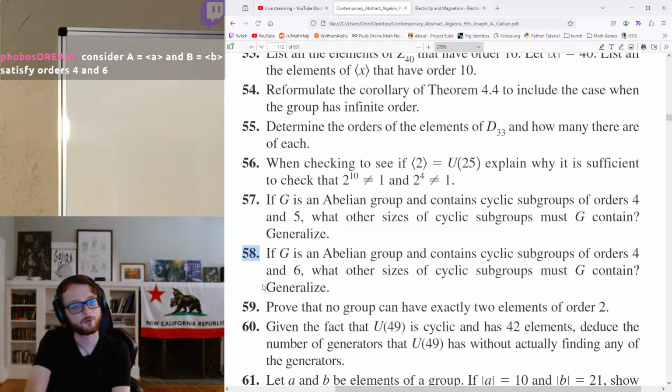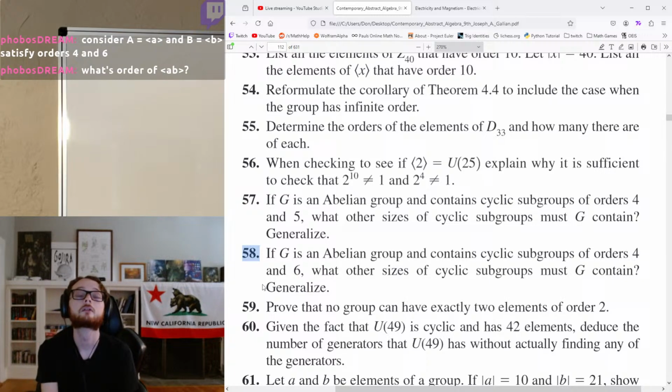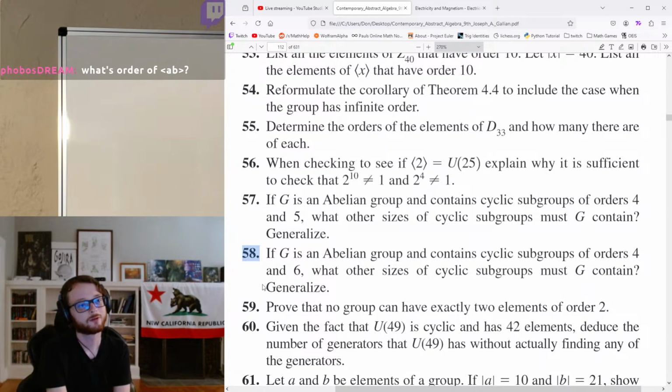A equals a, b equals b, satisfy orders of 4 and 6 with the order of ab. Oh, there's that theorem that says if the elements commute, the order of ab is the order of a times the order of b.